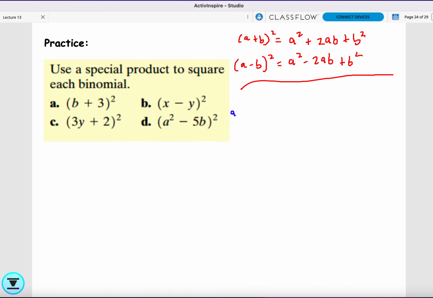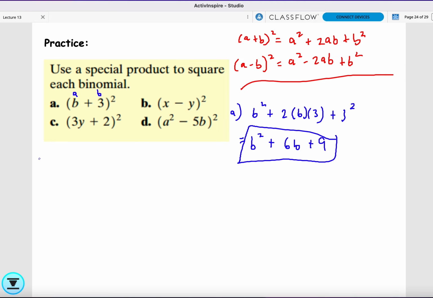So a. This is a and b. So a is b, so it'll be b squared plus 2 times b times 3 plus 3 squared. So simplify. So we get b squared. 2 times b is 2b times 3 is 6b. And then 3 squared is 9.